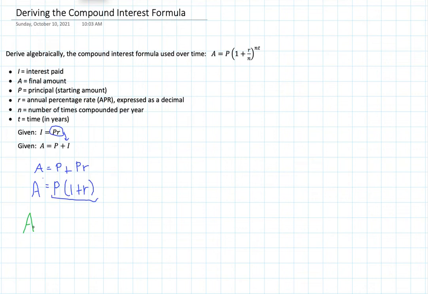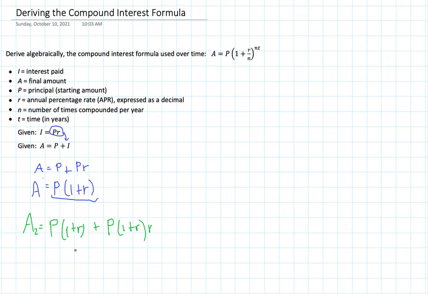So the second time is going to be our new principal, forgive my writing, plus the P times R, so the new principal again, times the rate. So this here is the same formula as this one right here. It just has the new principal, which has the interest compounded onto it.